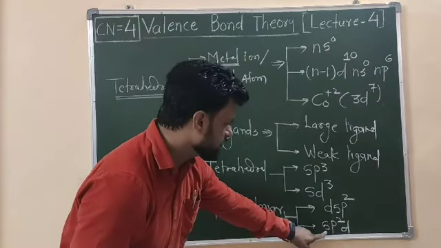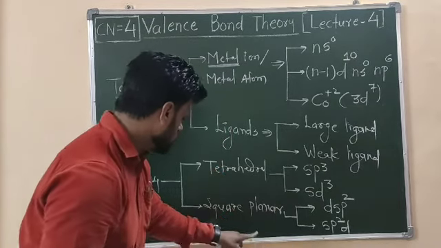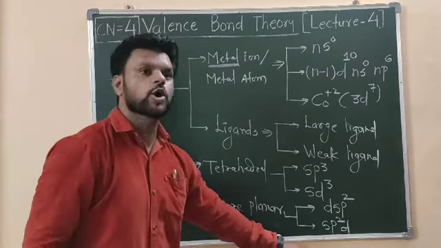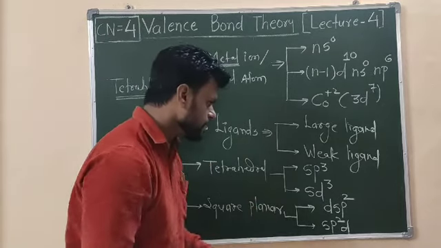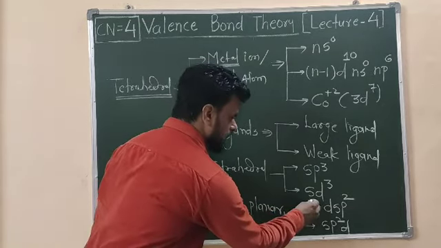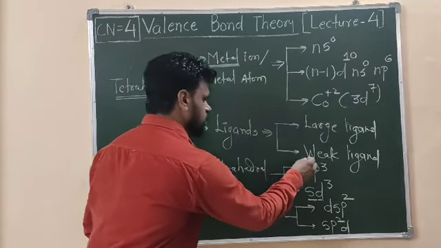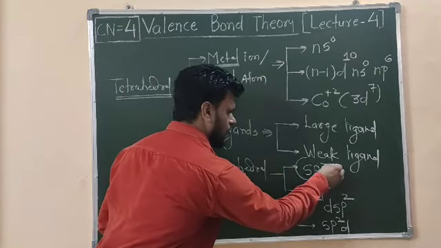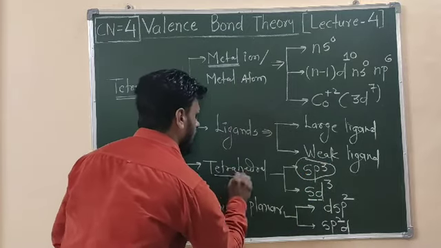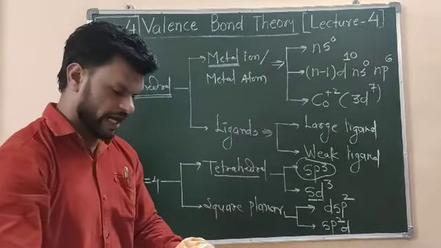This sp2d hybridization for square planar is generally shown by the copper plus 2 ion. And this sd3 is an important point, we will discuss that later. Today's discussion is mostly focused on tetrahedral complexes having sp3 hybridization.